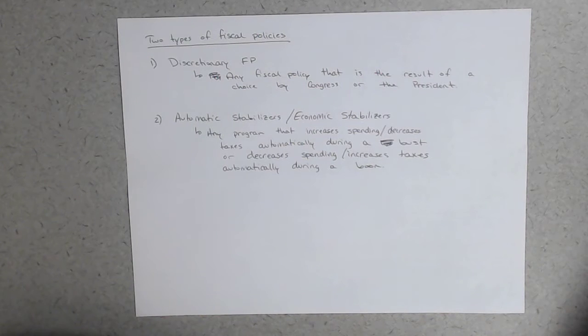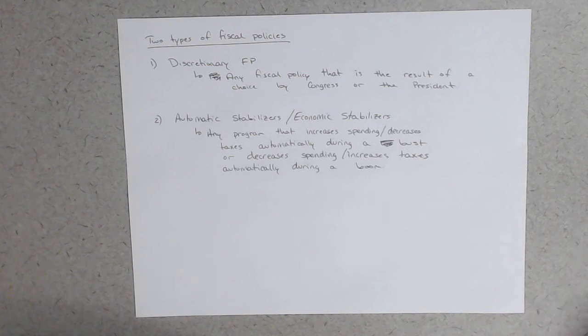So what would be a program that we automatically spend more on during a bust or a recession, and that we automatically spend less on during a boom? The easiest example is unemployment benefits. In the United States, I'm willing to bet that we spend more money on this program during a recession than we do during a boom.